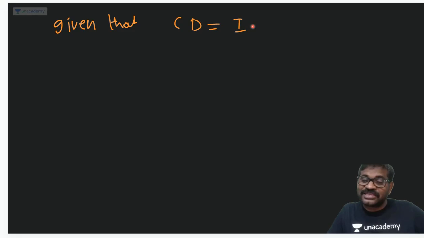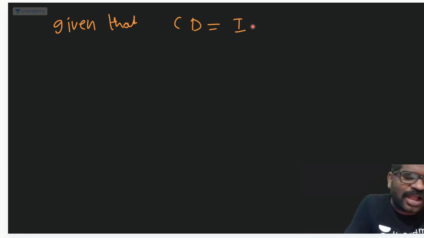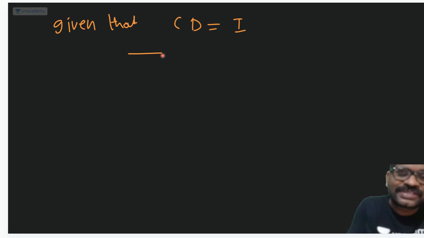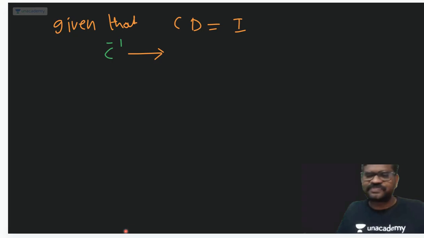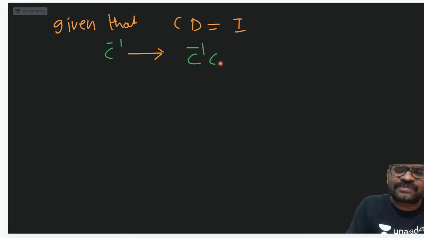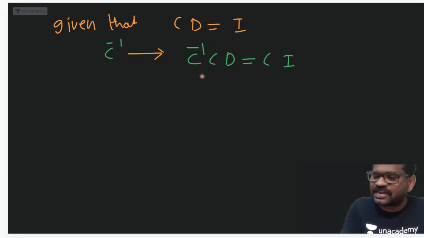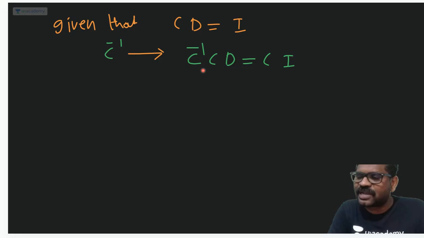Now, if CD equal to I, how to get D? You have to multiply with C inverse from left. So C inverse into CD equal to C inverse I. C inverse into C is the identity matrix. I have taken the inverse to get D.